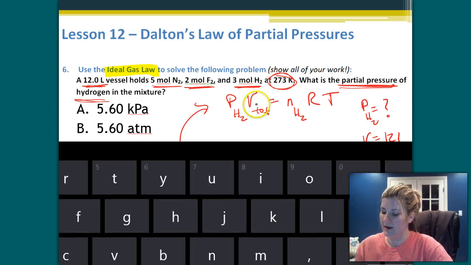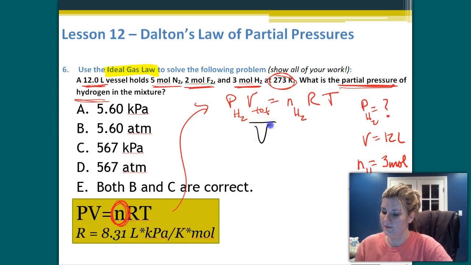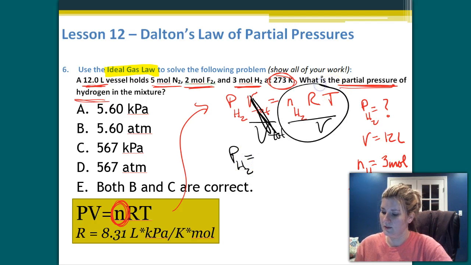First and foremost, we divide by V total on both sides because it cancels, and then we're just solving for the pressure of hydrogen. This is our new equation, right? So we have 3 moles of hydrogen multiplied by, I'm going to use the big number first, 8.31 times 273, all divided by 12.